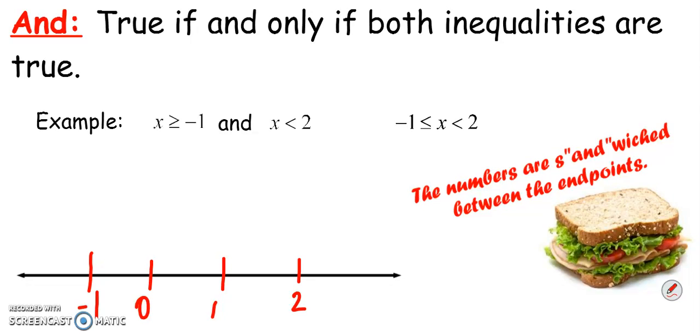Greater than or equal to -1 means we put a closed circle here, and it's going to go this way, and an open circle at 2, and you can see that's all the stuff in between those two endpoints. So those are going to be your solutions. Any number in that shaded region will work, excluding 2, because 2 is on the open circle.